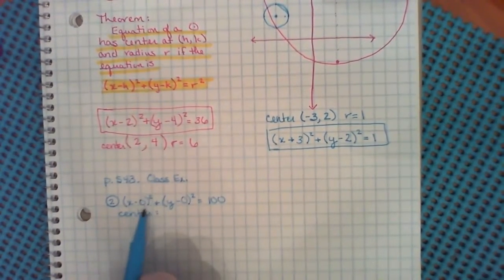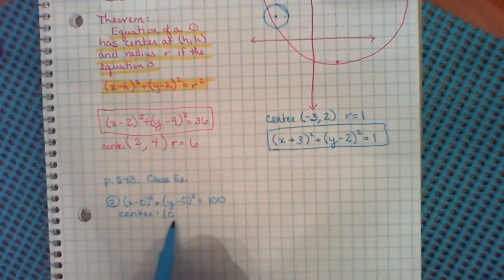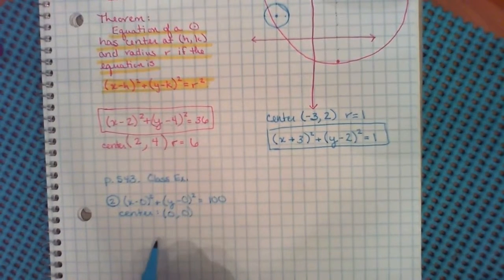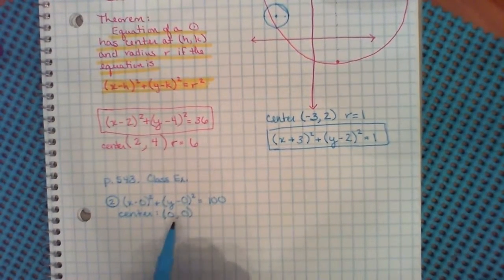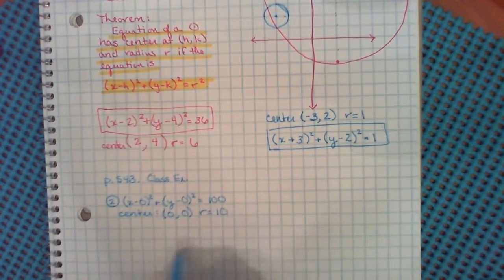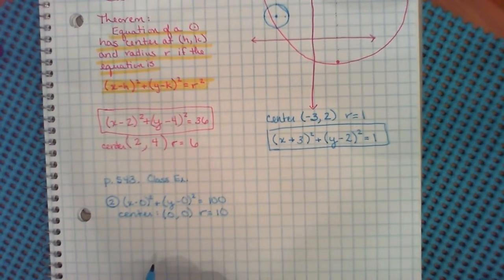Since this has a 0 here and a 0 here, my center is the point (0, 0), or the origin. And my radius is going to equal the square root of whatever that number is, so a radius of 10. That was all they wanted.